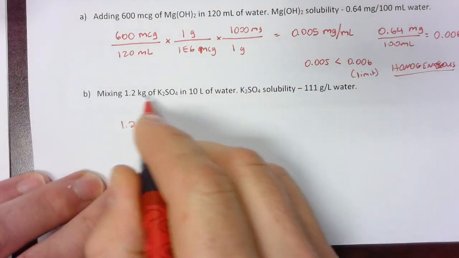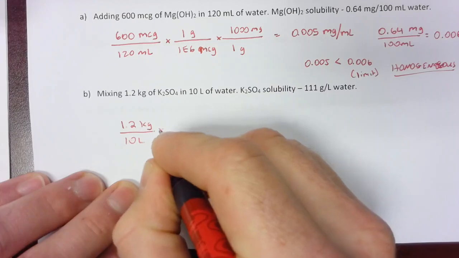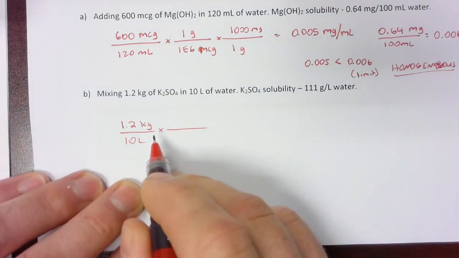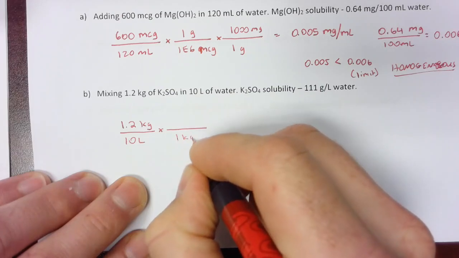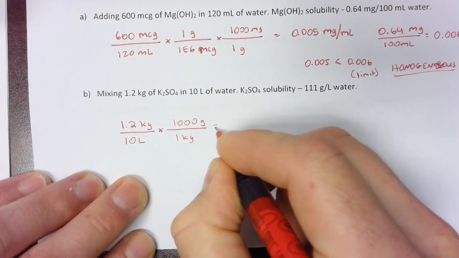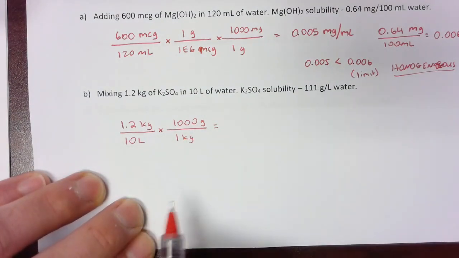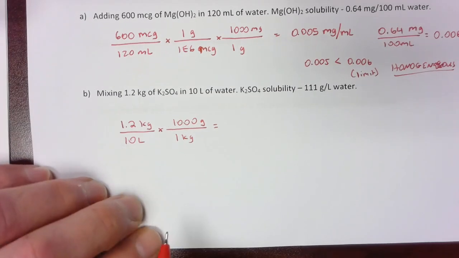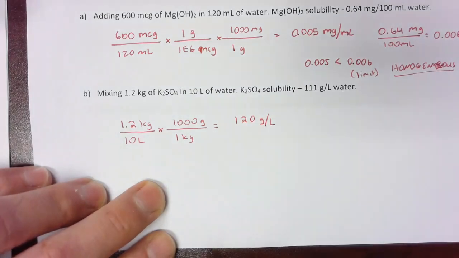So there's 1.2 kilograms in 10 liters. Let's get that into grams per 1 liter. We just do one conversion here. When we divide by 10, that will give us the 1 liter on the bottom. And when we do that, we get 120 grams per liter.